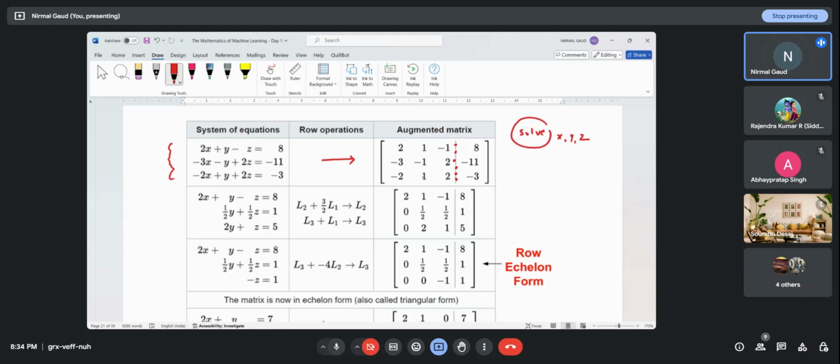And you have to convert this augmented matrix into echelon format by applying row transformations.